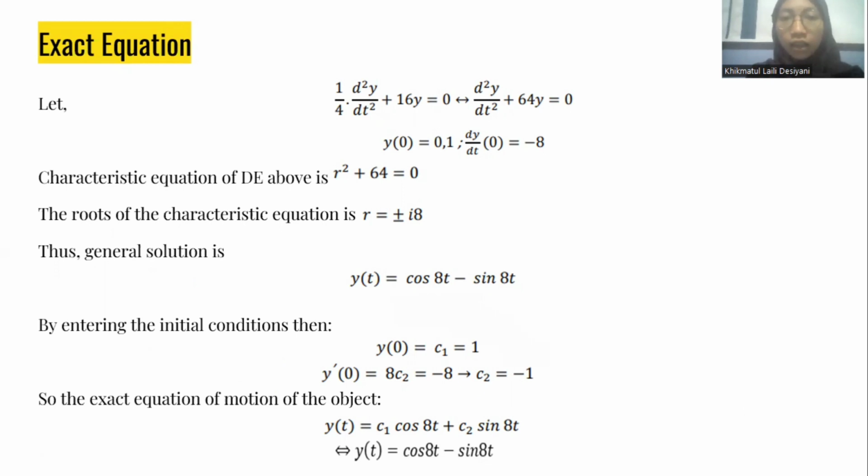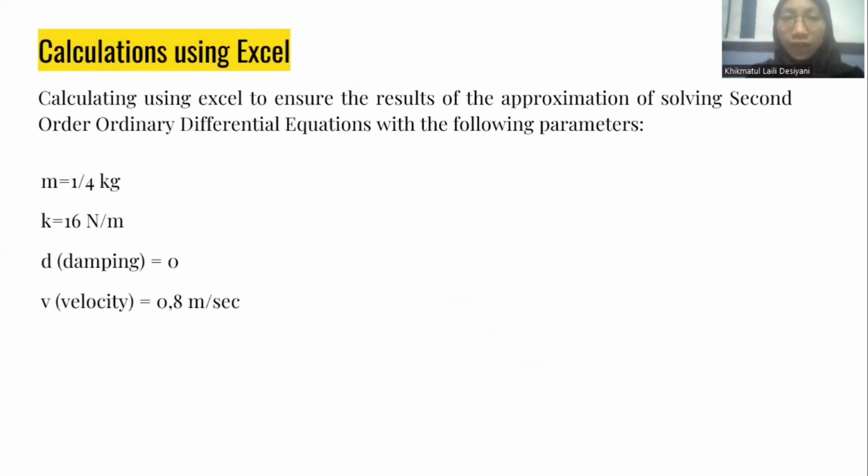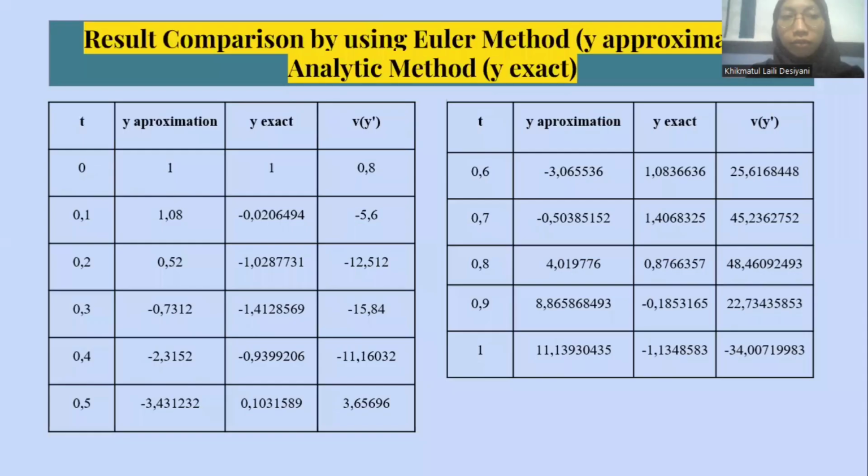And then we can input the equation for each method in Excel in order to find the value of y, for both the y approximation and y exact. The result of the calculation we can see in this table.